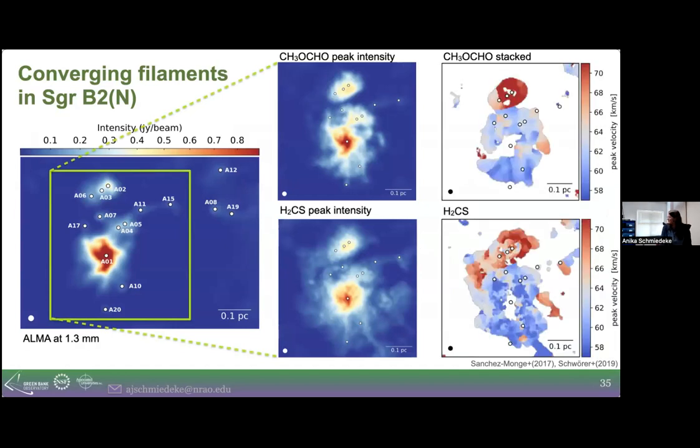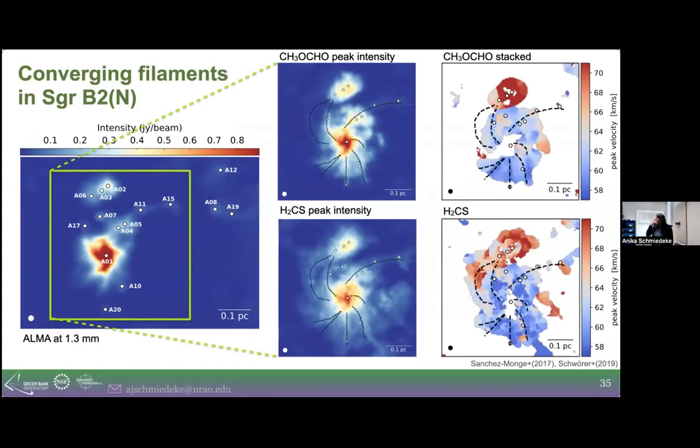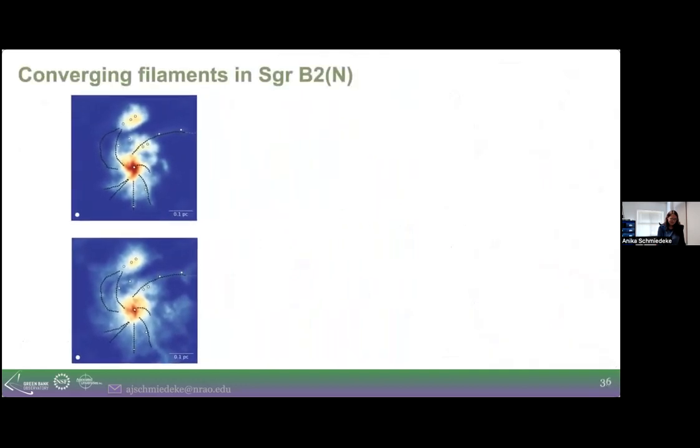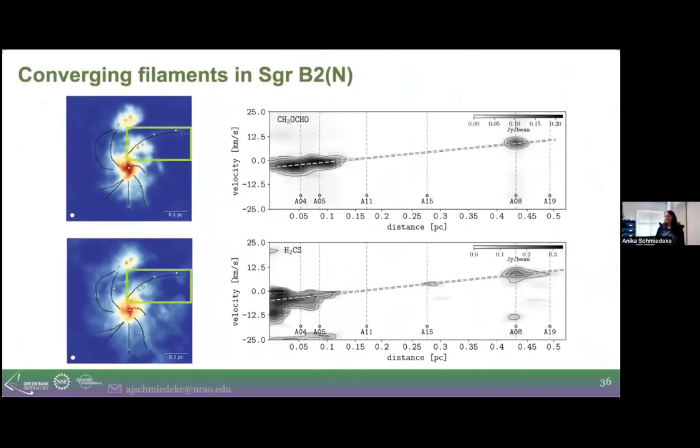They also looked at the velocity fields and then determined these filamentary or spiral-like structures that move toward the center of the cores. Why do I say it moves toward the center? Because they looked at the velocity gradients in there and then determined the mass flow, basically.